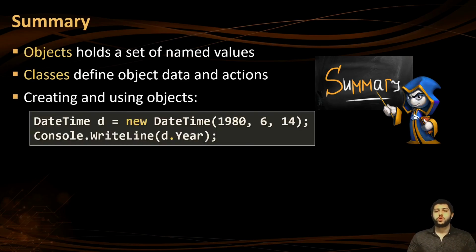Now, we also talked about some built-in classes and APIs in the C# language. One of them is called DateTime. And DateTime we used for parsing different dates, adding days, doing all kinds of stuff connected to dates.